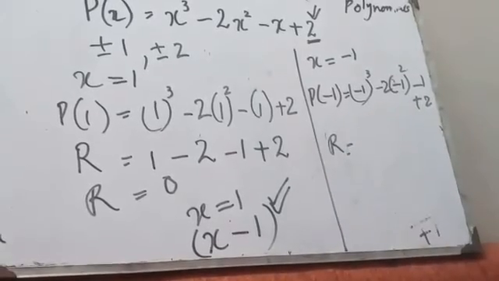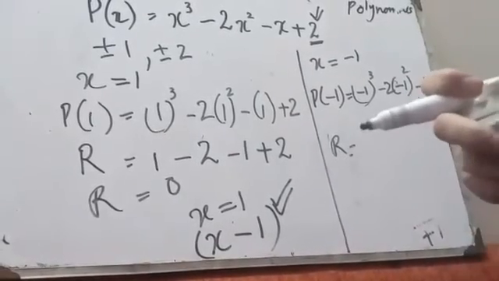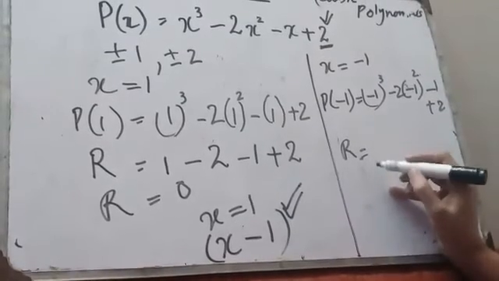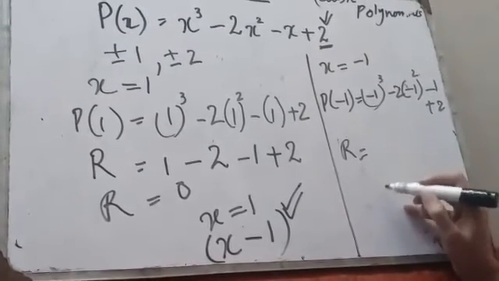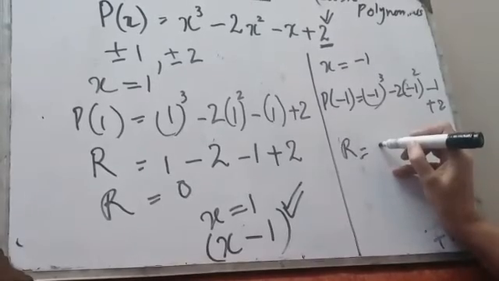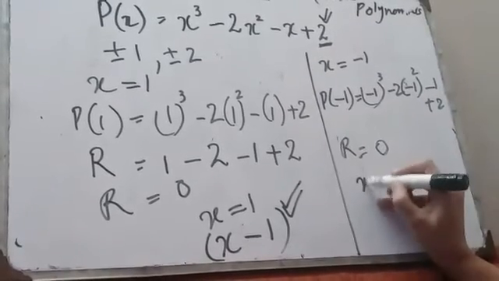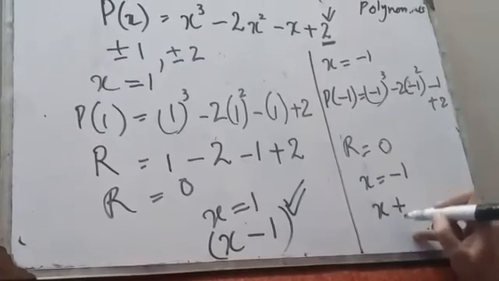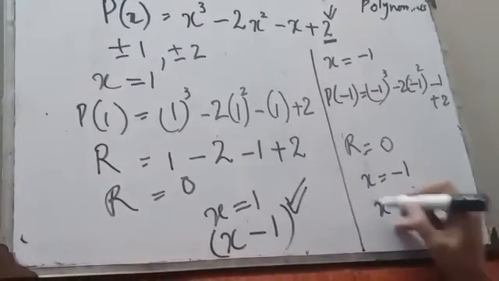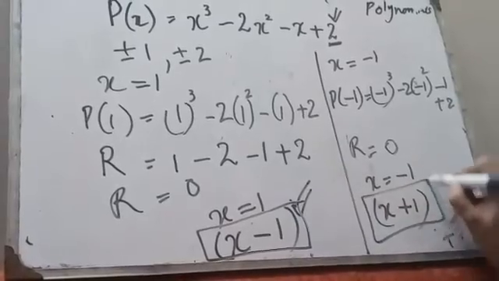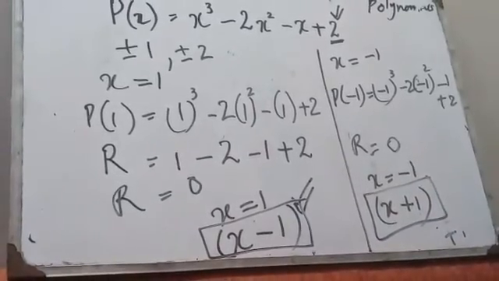Let's see what the remainder is. Now the remainder, if we calculate, is equal to 0. It means x equal to minus 1 is also a root, and when we change the sign it becomes x plus 1. So one factor is x minus 1 and the other factor is x plus 1. Now let's see what our third factor is.